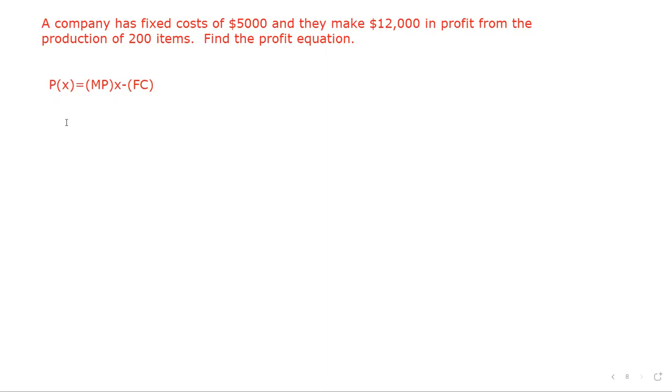They gave that to us. We know a certain profit and a certain number of items. So 12,000 is the marginal profit, and we'll put that in parentheses, times 200 minus 5,000. So let's add 5,000 to both sides to get rid of it.